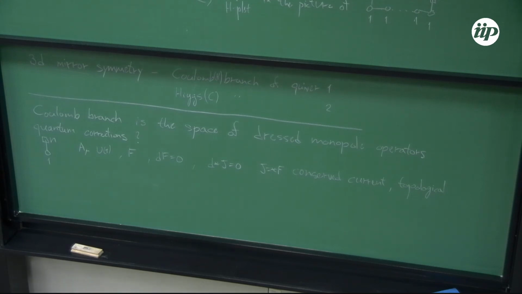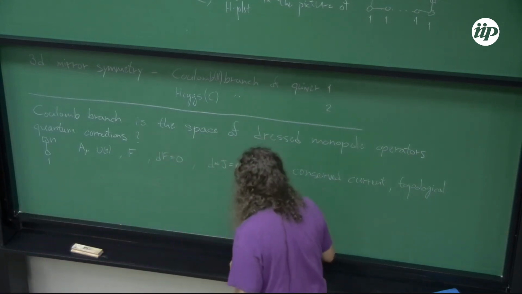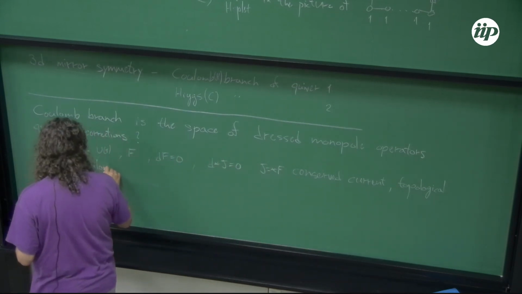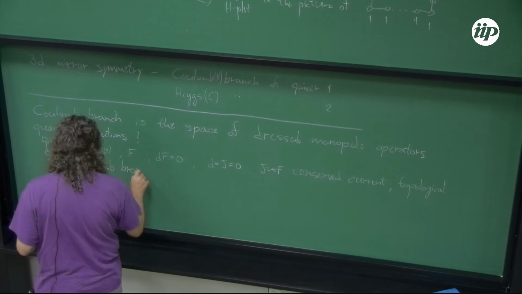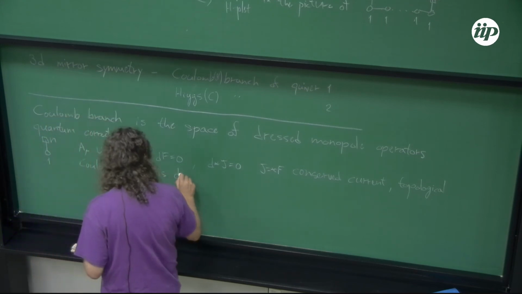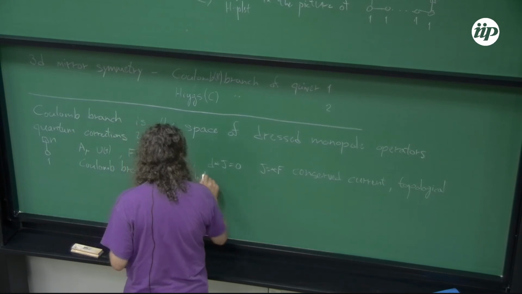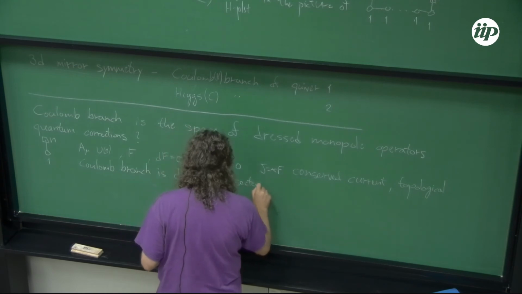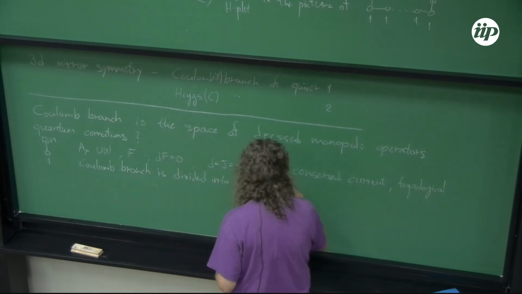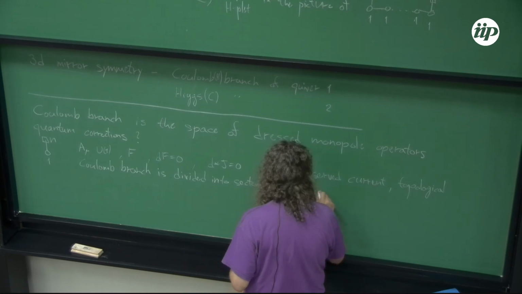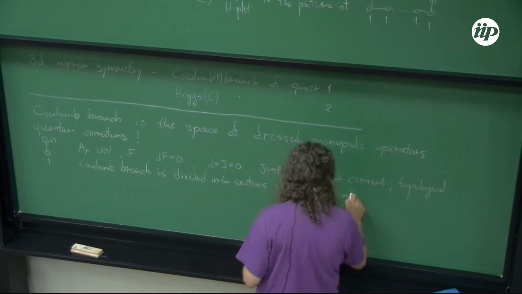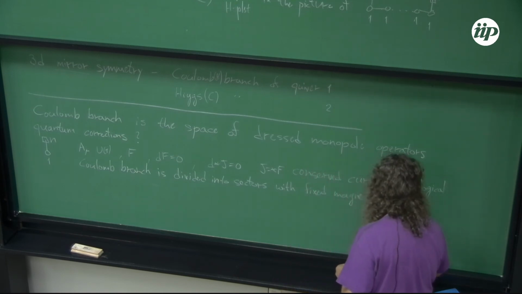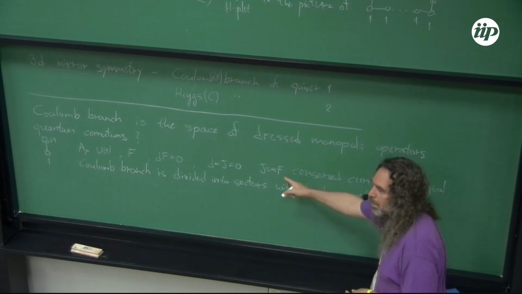Which tells us that the Coulomb branch is divided into sectors with fixed magnetic charge, which is the charge under this current.